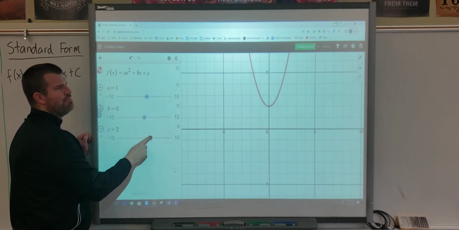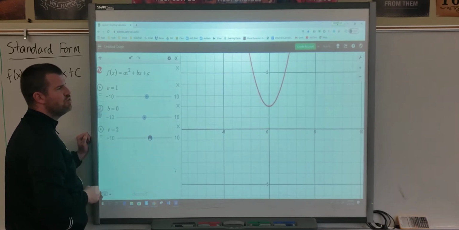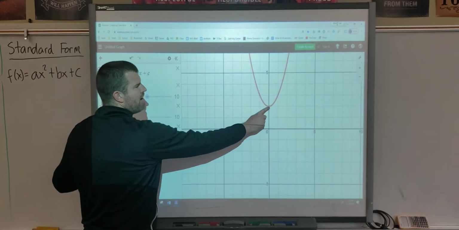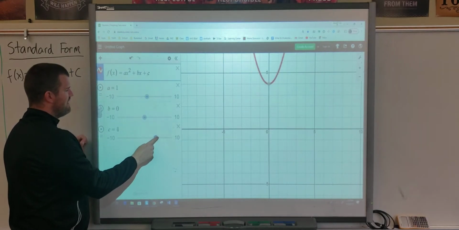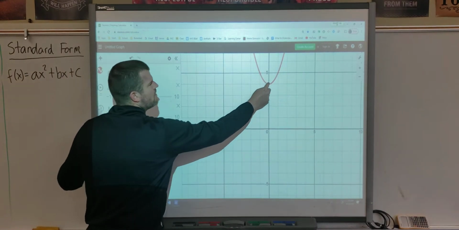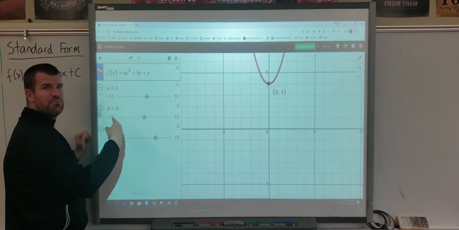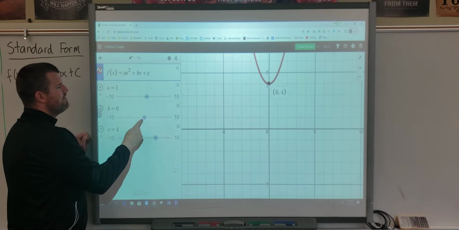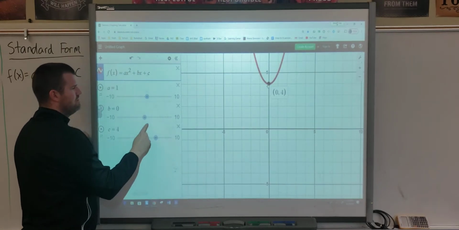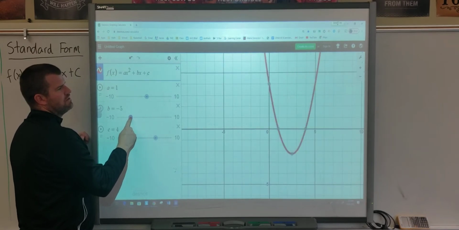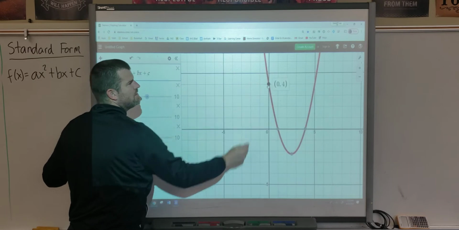It's moving up and down. So if I move my c to positive 2, you might notice that my y-intercept is positive 2. If I move my c to 4, my y-intercept is 4. Now, if I change the b, it's actually going to move the graph left and right. But if I move the b, let's see if my y-intercept changes at all. Okay, I moved that quite a bit, but my y-intercept is still 4.